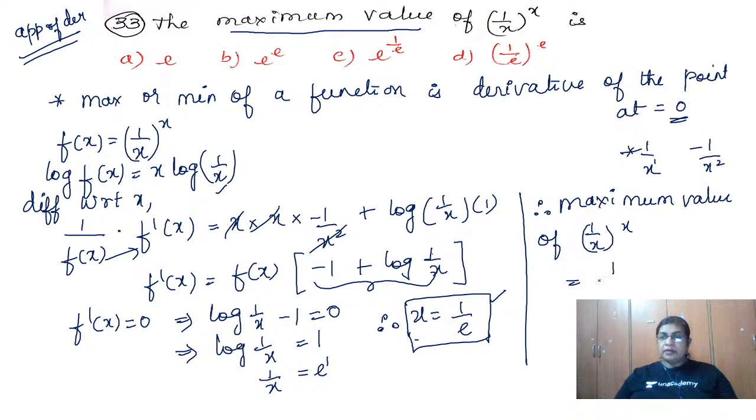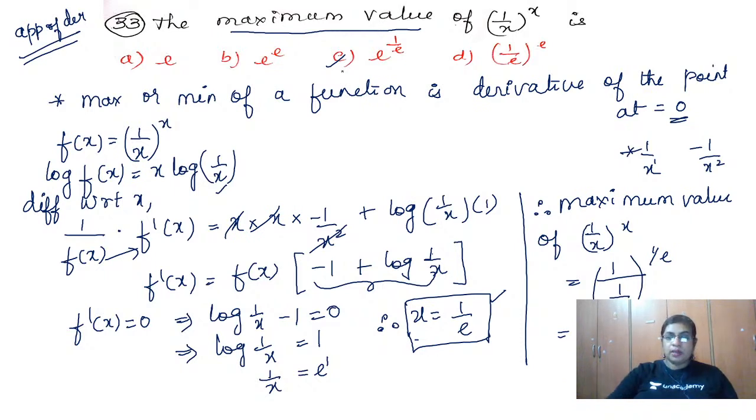So it is (1 by e) whole power 1 by e. Wherever there is x, put 1 by e. So what is it now? Reciprocal of 1 by e, so it is becoming e. So it is e to the power 1 by e. Which option is satisfied? Option C. Hope the idea is clear. Yes? Okay. So we move on to the next question.